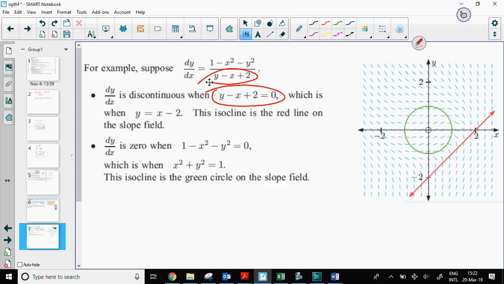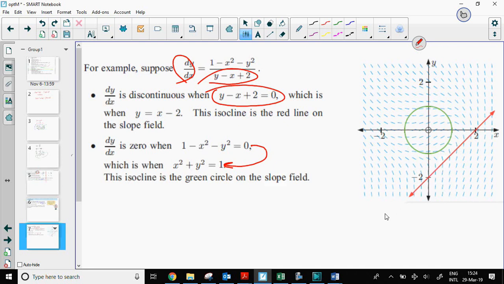The slope in our slope field is going to be equal to 1, however, when the numerator is equal to 0. And we can rewrite that in that form, which we recognize perhaps as being a circle of radius 1 centered at the origin. So every single point along that greenish circle has a slope of exactly 1.